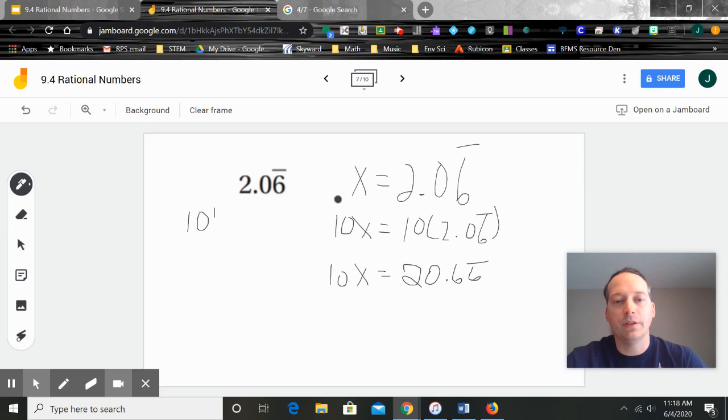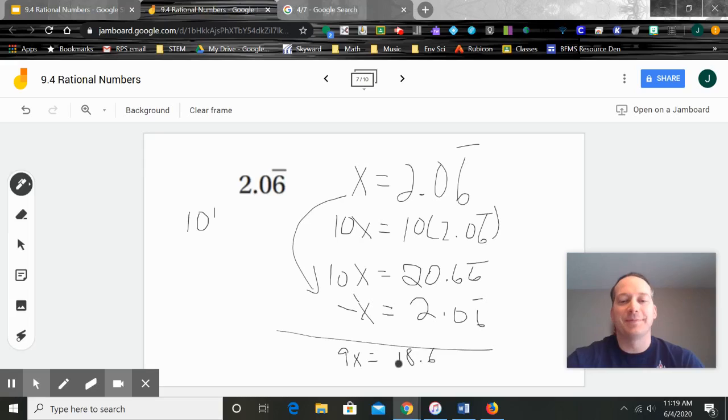So what did we then do? Subtract the original. So that equals 2.06 repeating. Let's subtract. 10x minus x is 9x. 20.66 repeating minus 2.06 repeating is 18.6. Divide by 9.